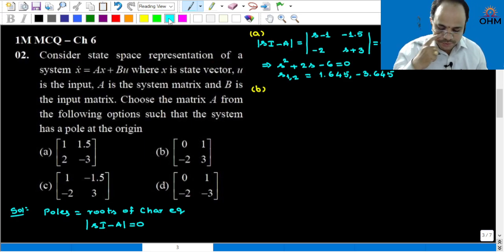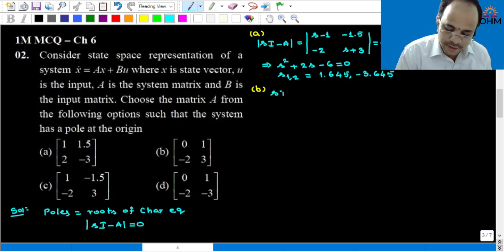Next, for option B, if you check the determinant of sI minus A, this will come around s minus 1, 2 and s minus 3 is equal to 0.